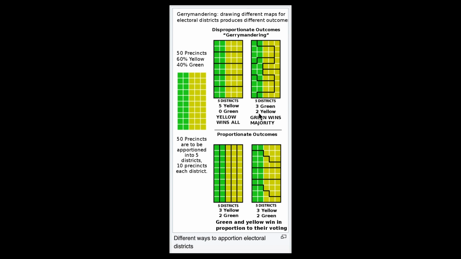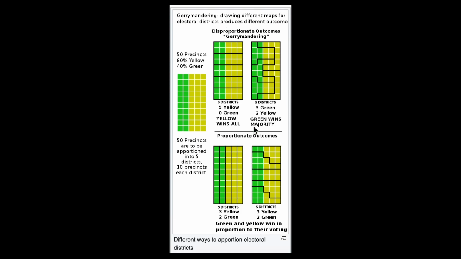So it's kind of misleading because in the popular vote, more voters support the Yellow Party, and the minority of voters supported the Green Party, but the Green one still wins 3 districts compared with the Yellow's 2 districts.